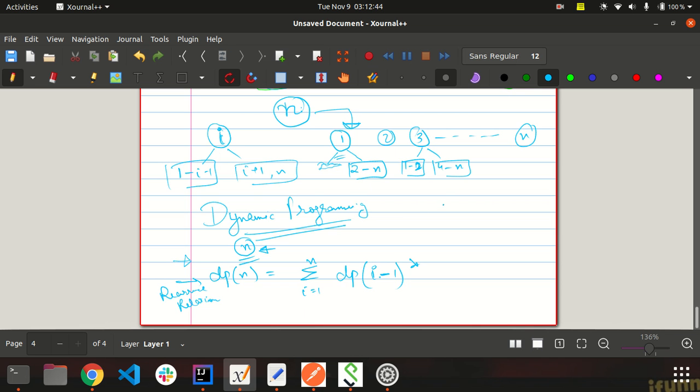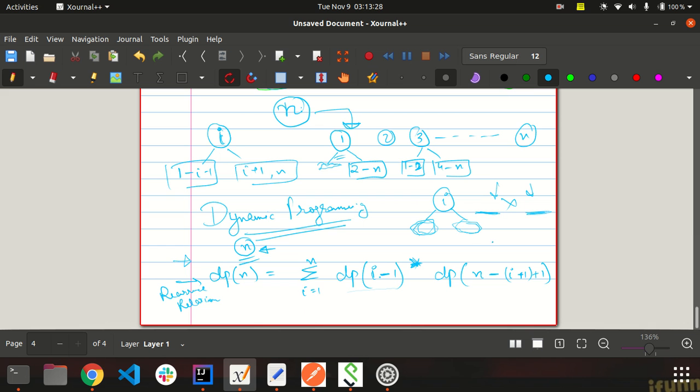Because for this particular ith node, we can multiply all of the permutations of its left and right subtrees, correct? Therefore we will choose multiply here. So dp of i minus 1 times dp of n minus i plus 1.